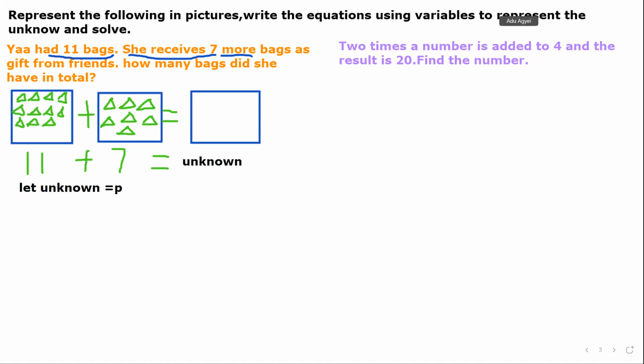Now you write the equation. So this time you will not write unknown, you're going to write letter P to represent the unknown. Now our equation will be 11 plus 7 equal to 1P, okay, because the coefficient of P is 1.